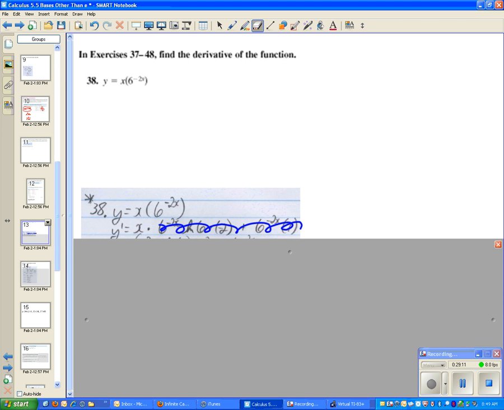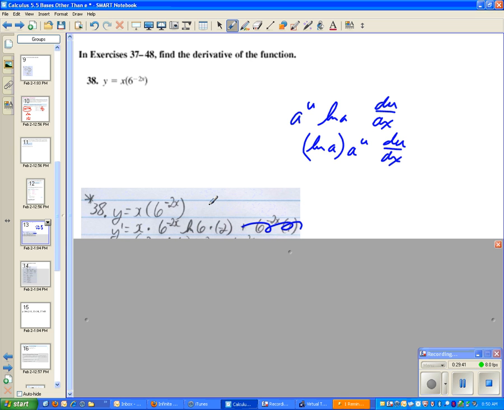Okay, the derivative of the second, that's an a to the u, isn't it? So it's a to the u times the natural log of a times the derivative of u. The book wrote it this way, I think. So that's the rule I'm using. You with me?